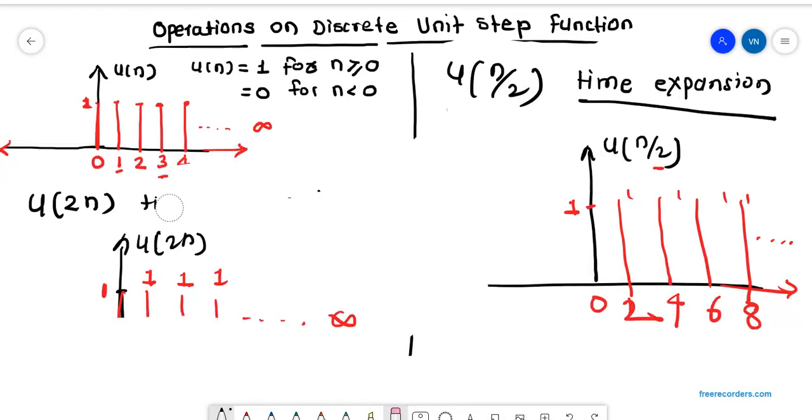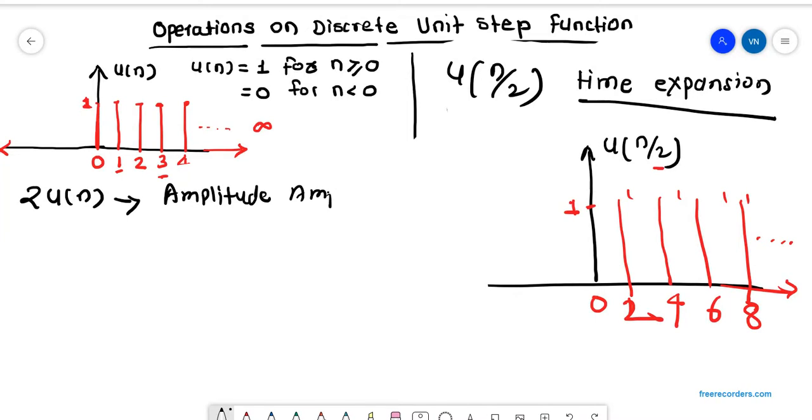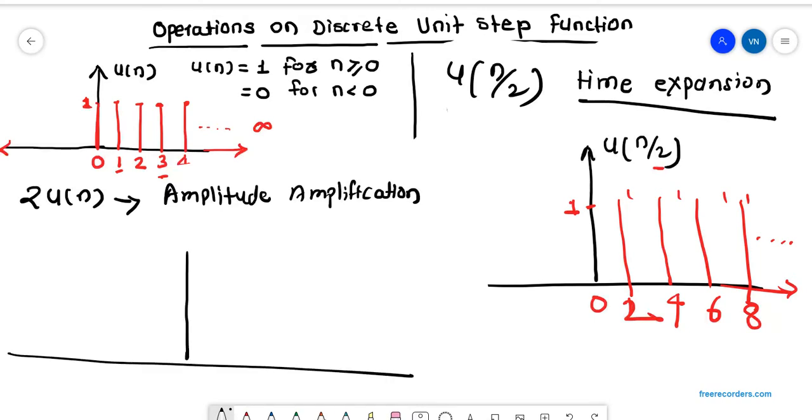Suppose I take another example, like 2 into u of n. Basically it's called amplitude amplification. So how to do it? Whatever the signal is there, just multiply that amplitude with 2.